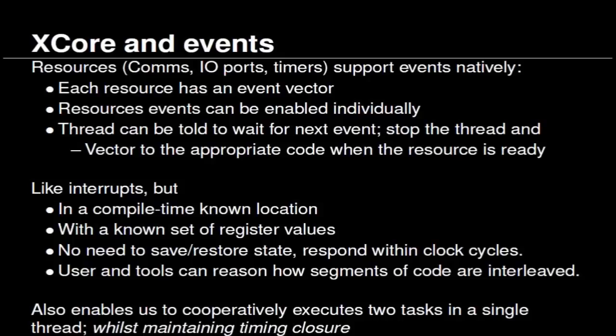So I can now take two tasks and execute them as coroutines inside a single thread. If I've got too many tasks and too few threads, say 15 tasks, I get all of them to wait for an event. The first one to come along, I'll deal with it and go back, and handle the next one, deal with it and go back. And I keep doing it until I run out of oomph, until I can prove that I no longer have enough time to deal with all those possible events.